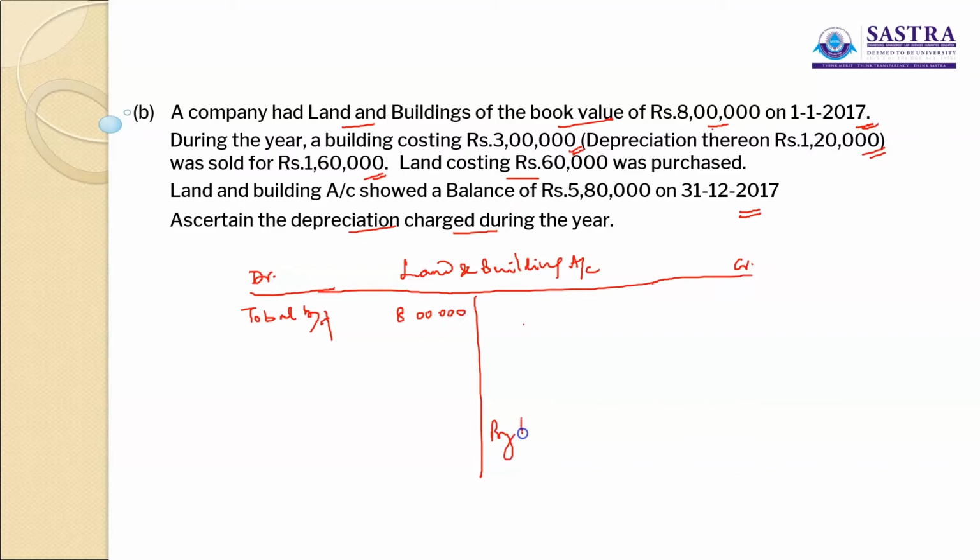By balance carried down, closing balance which is 5,80,000. This is on which date? This is on 1/1/17. Whereas this is on 31/12/17.